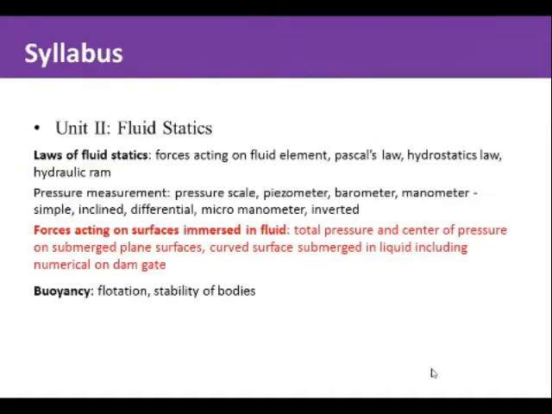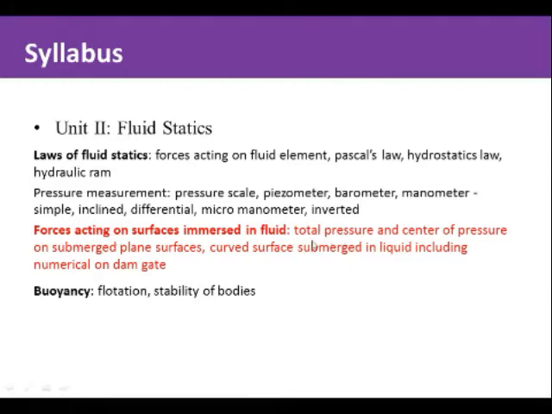Last time, in our last unit, we had started with fluid static. In fluid static we had completed the pressure, intensity of pressure, Pascal law, hydrostatic law, as well as the different types of pressure measuring devices. Now in this second unit, we are going to see the different types of forces acting on the fluid when it is immersed.